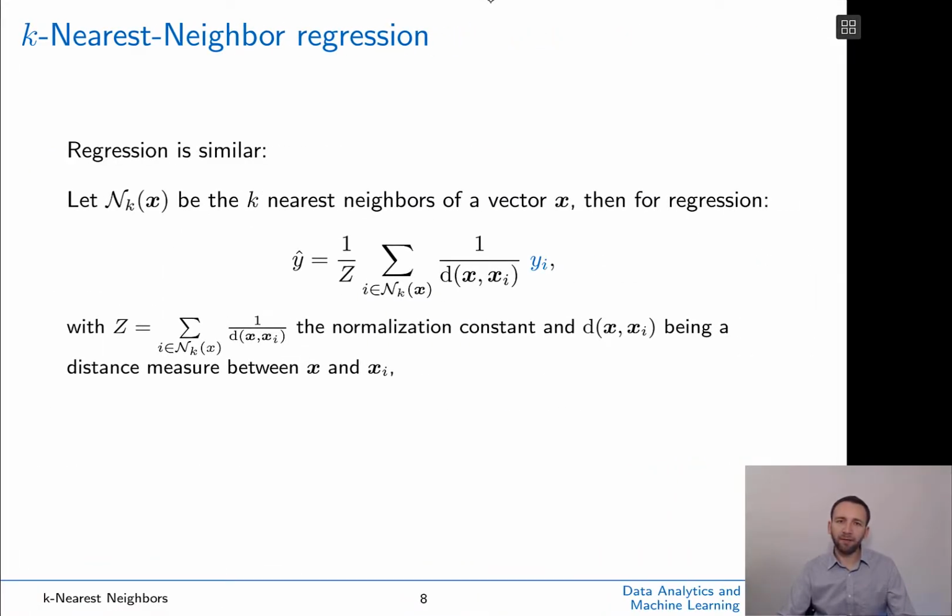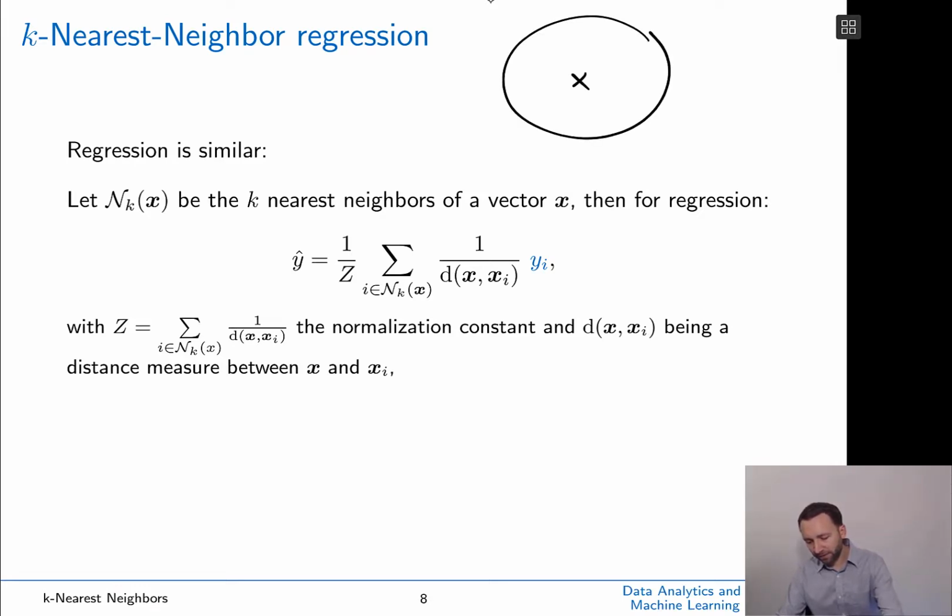Okay, and then as I already said, we can of course also do KNN for regression tasks rather easily. Again, here let's look at the weighted setting, for example. Again, we compute first our nearest neighbors. That doesn't change here. Let me make an example. We have here our point. Let's say we have here the set, and then we have now a regression setting. So remember, in a regression setting, we don't have different class labels, but we have numbers attached to every instance.